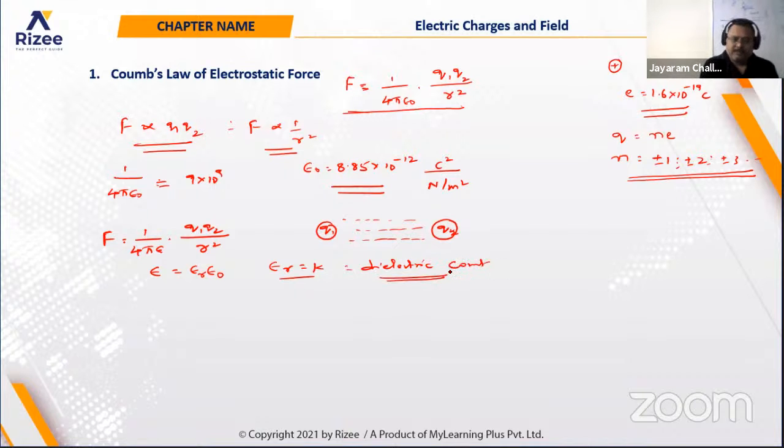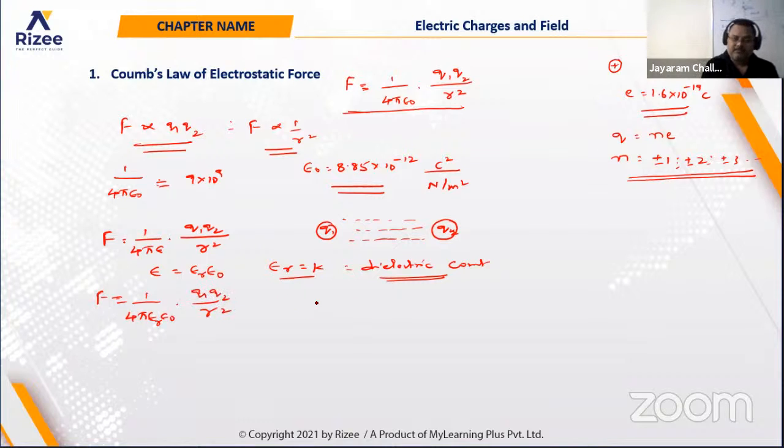In this situation, if I replace epsilon, the force can be written as 1 by 4 pi epsilon r into epsilon naught into Q1 Q2 by r square.